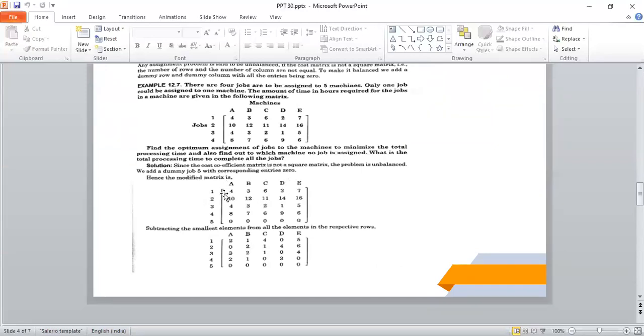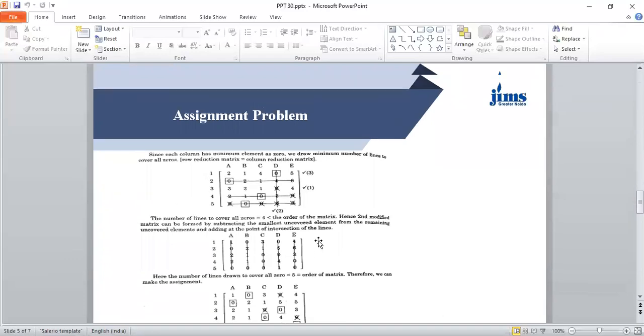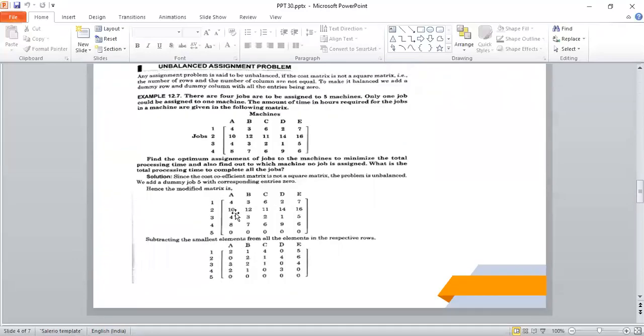So see here in this row, the least element is 2. 2 is the least cost. So 2 is subtracted from each element in that row. So this 4 becomes 2, 3 becomes 1, 6 becomes 4, 2 minus 2 is equal to 0, and 7 minus 2 is equal to 5.